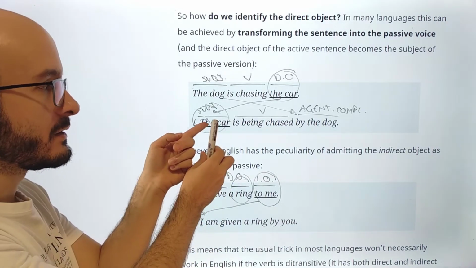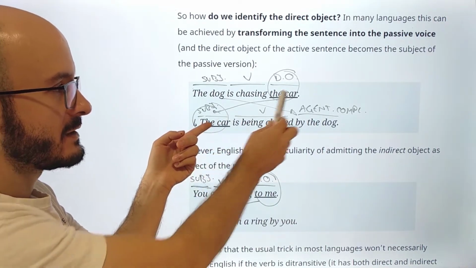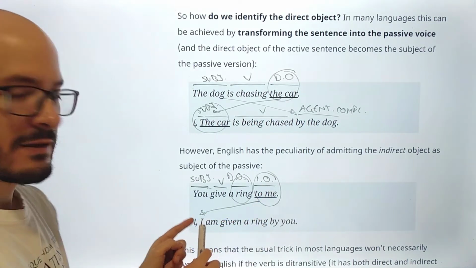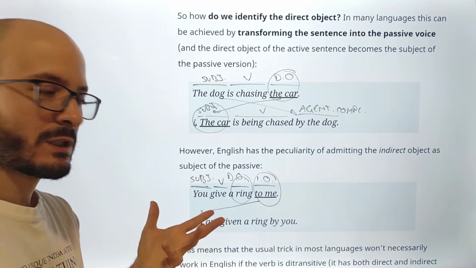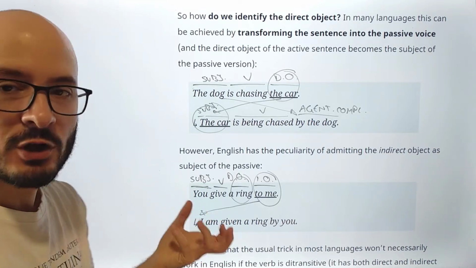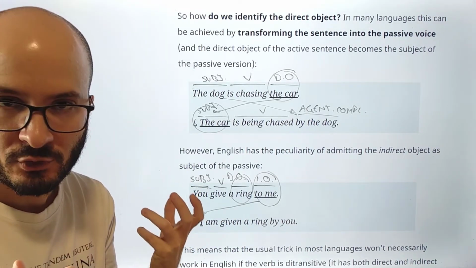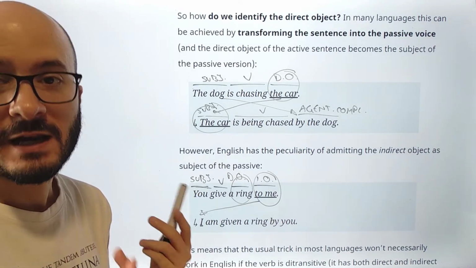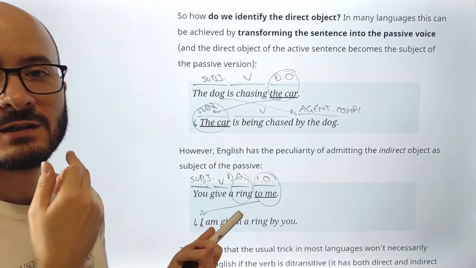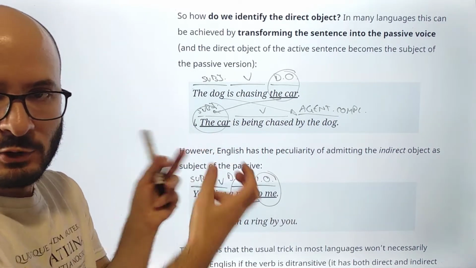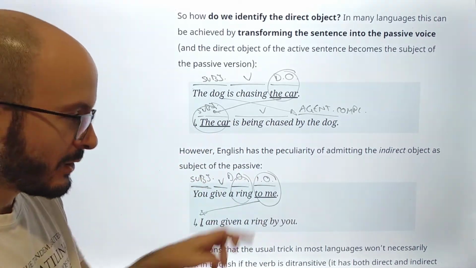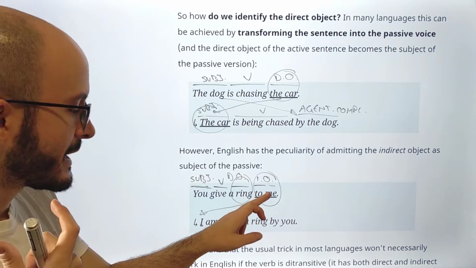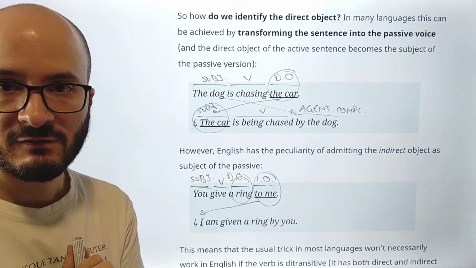Because yeah, here the subject is the direct object, but here also the indirect object is the subject. It's not like 100% bulletproof, this trick in English. In many other languages, for example, Spanish, Italian, etc., it is absolutely bulletproof, but in English, no, because this peculiarity that also the indirect object can become the subject of the passive voice.